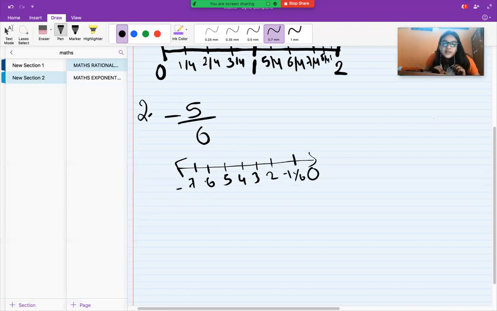I'll just put the minus for no confusion. And you see that there is the 5 by 6. Yeah, so there's a 5 by 6, minus 5 by 6. Not 5 by 6, but minus 5 by 6.